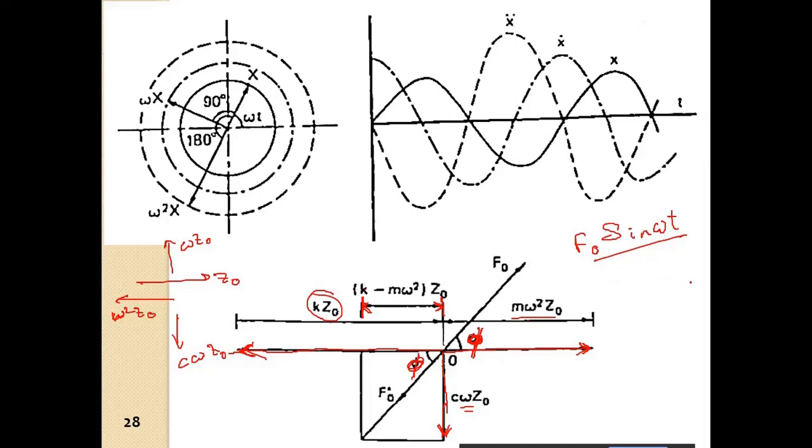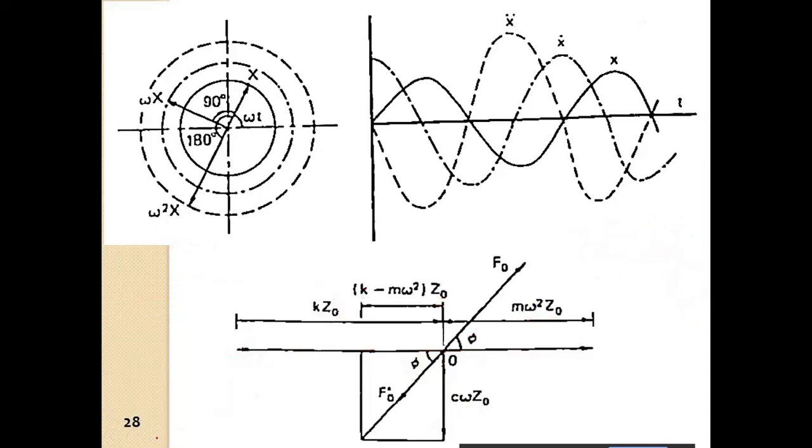Ultimately, the displacement Z naught will be a function of F naught. Okay, so we will have this force K minus M omega square into Z naught, and this force C omega Z naught, and that will be a component of this applied force F naught.